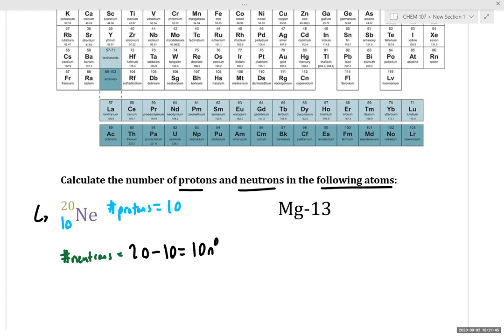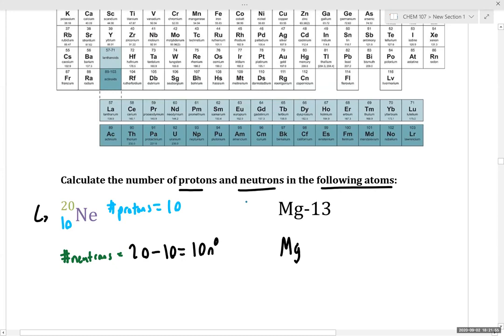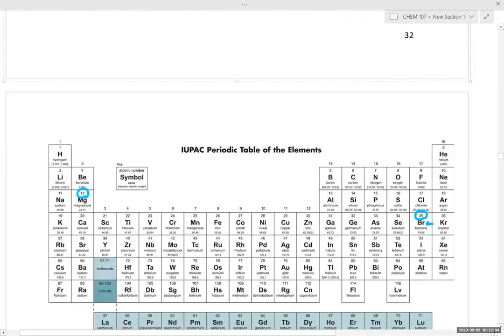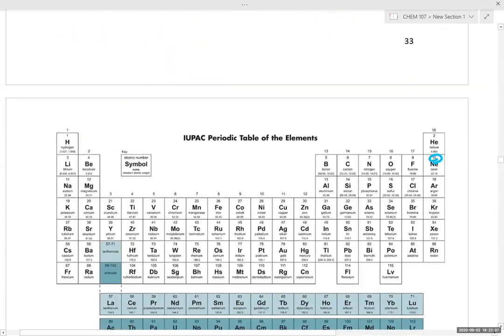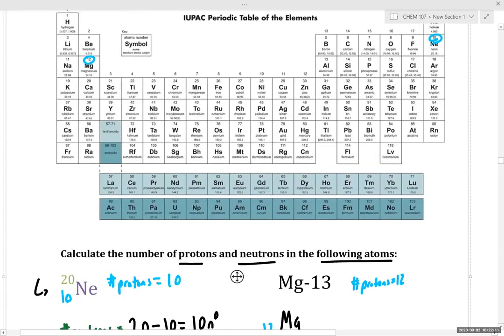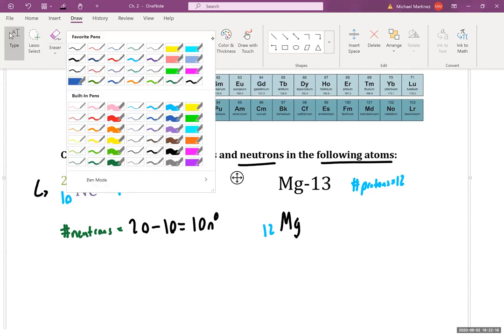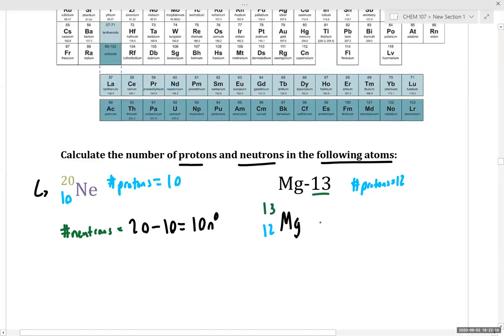Perfect. So for magnesium 13, we know magnesium's atomic number is 12, so our number of protons is equal to 12. Just to remind everyone of where we got that: if we look up magnesium, we see our atomic number of 12. The number 13 indicates our mass number.